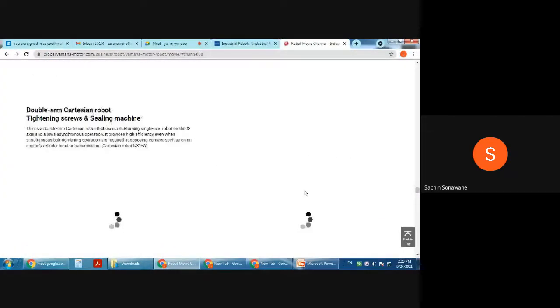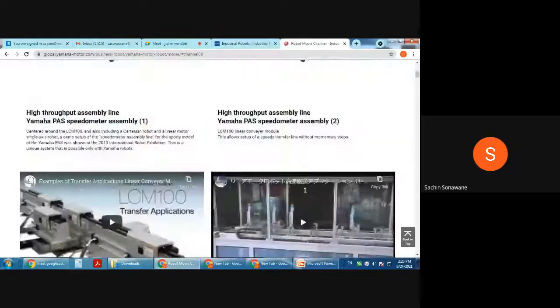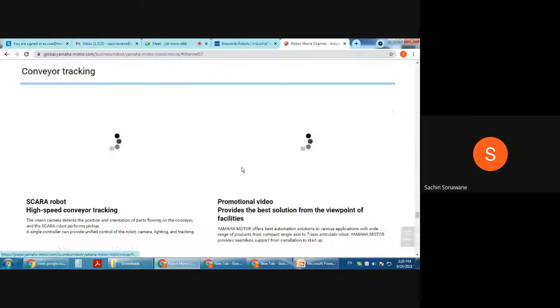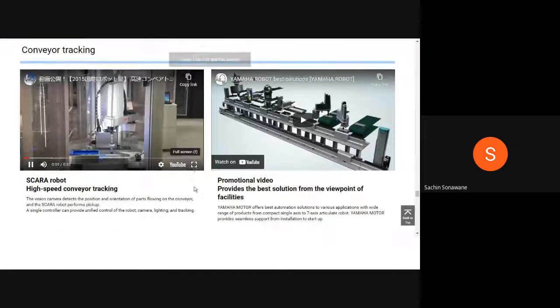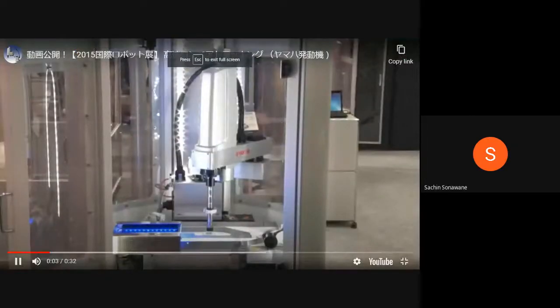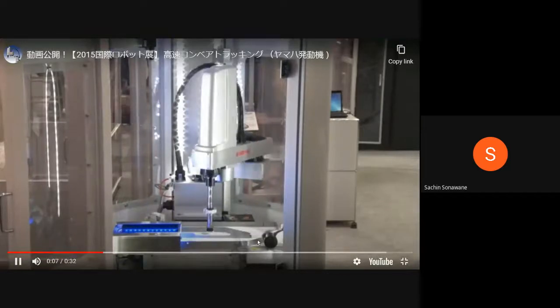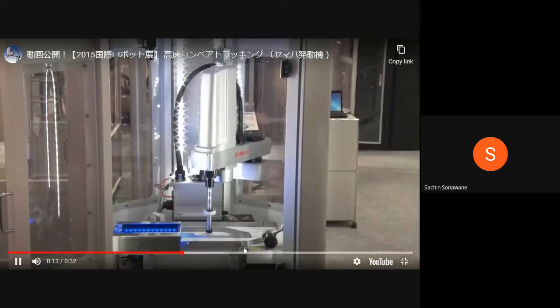Now robot is used for another application. Last application I will show you. Conveyor tracking. How robots are used for conveyor tracking. See this conveyor. These small parts are moving along this conveyor, and this robotic arm puts or takes out these parts on the conveyor.